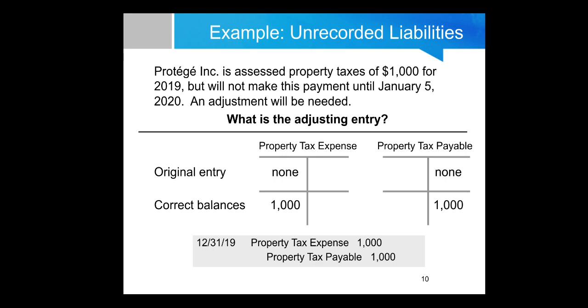So that's why you see here, debit property tax expense $1,000, and then the business has to credit property tax payable $1,000. So the liability is recorded in a payable account. Payable means something that a business has to pay in the future, and this payable is for the property tax. So that's why the name of the account is property tax payable, credit $1,000.